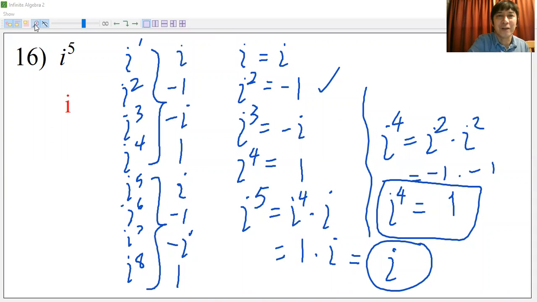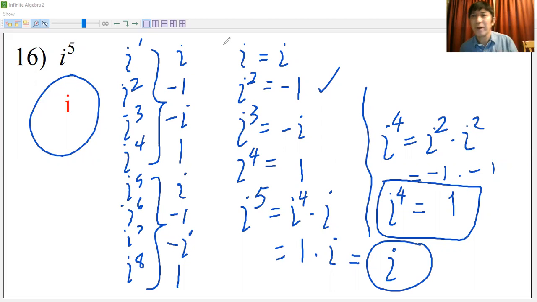Later, we will have problems slightly more complicated than this one. For a while, you have to remember the table: i, negative 1, negative i, and positive 1. That's the first 4. The rest are by 4s, always by 4. Let's continue with the next.